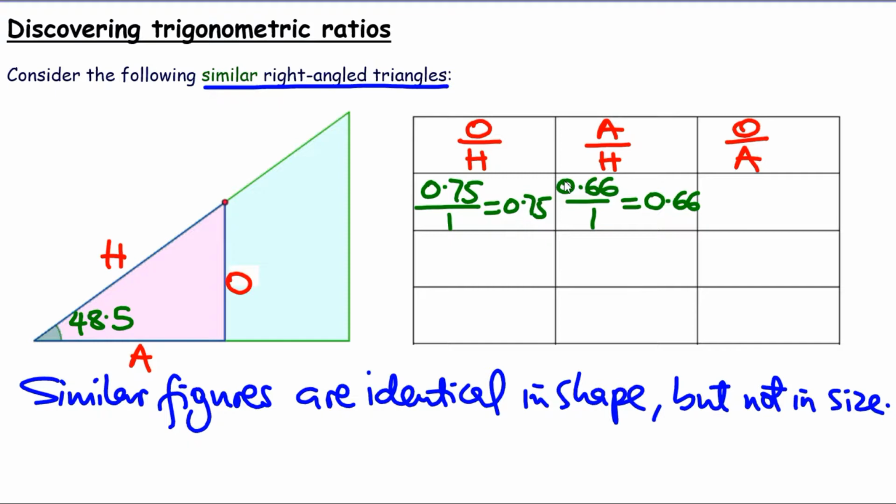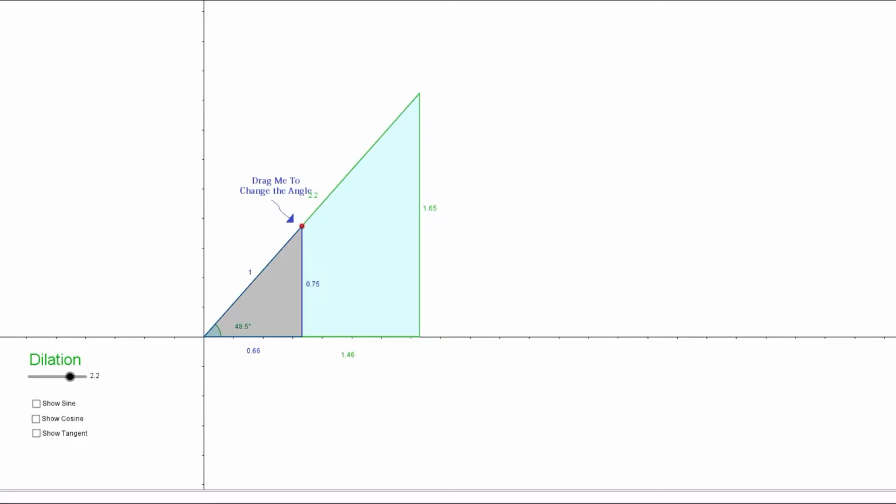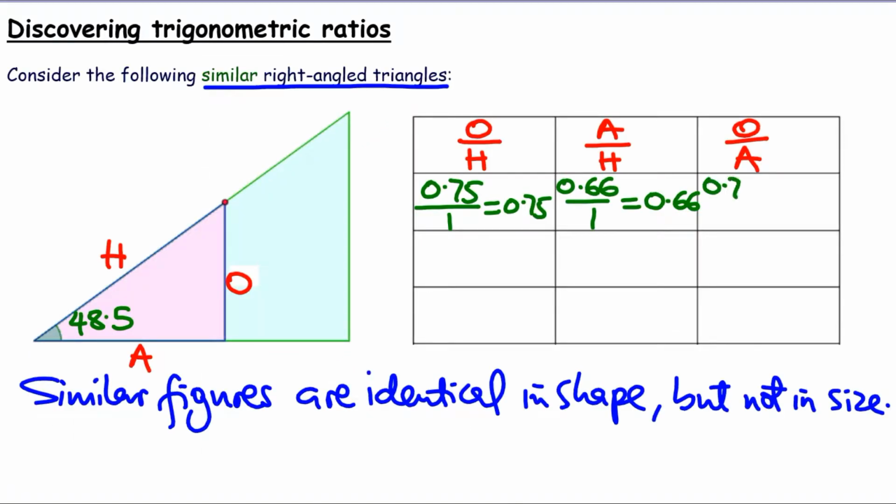Next, we have opposite over adjacent, which is 0.75 over 0.66. Here we'll be forced to use our calculator.